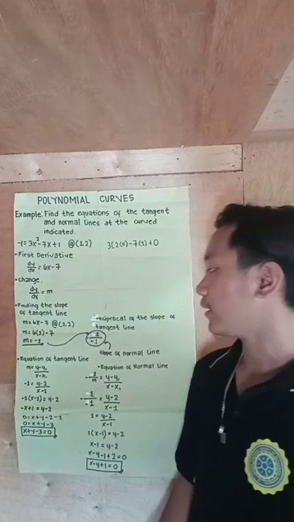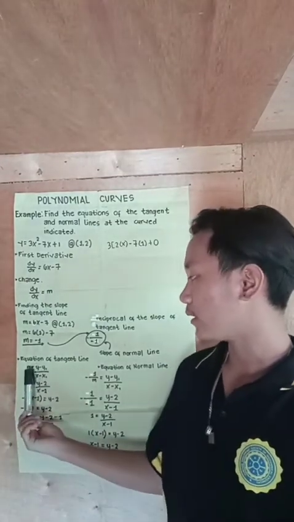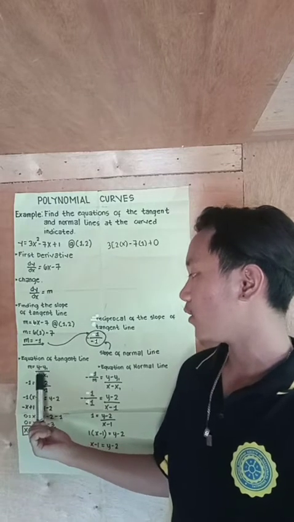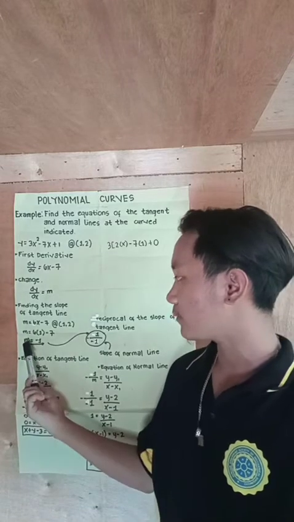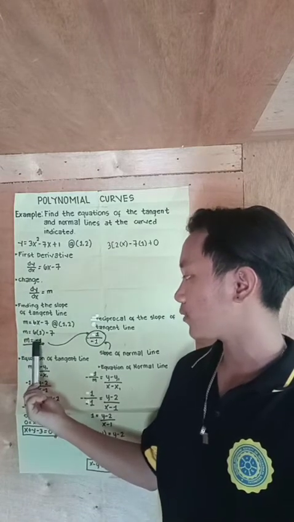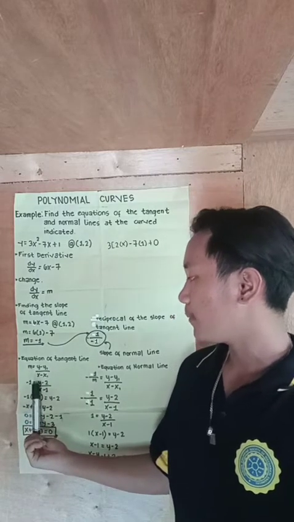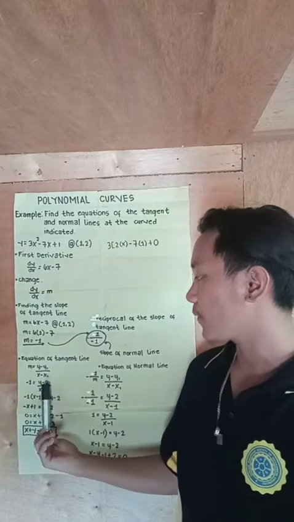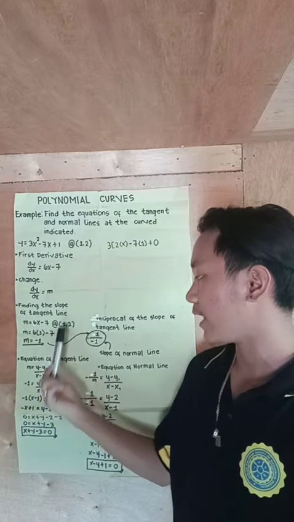And karon mapangita na nato ang equation sa tangent line. So ang iyang formula is m equals y minus y sub 1 over x minus x sub 1. So substitute na naman tayo for value sa atong slope sa m, so negative 1. Negative 1 equals y minus 2 over x minus 1, substitute gihapon.